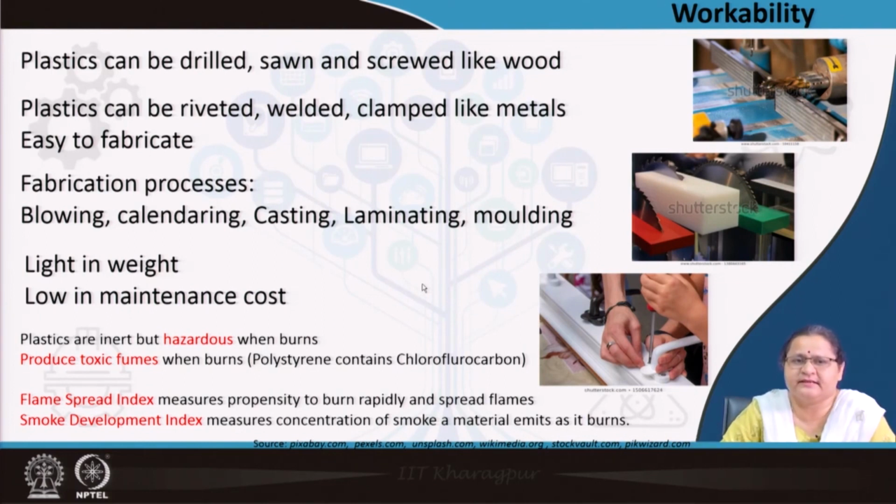Smoke development index or SDI also measures on a scale of 0 to 100 and it measures the concentration of smoke it creates on being burnt. So these two terms actually help in measuring the fire hazard of any material which is going to get burnt.